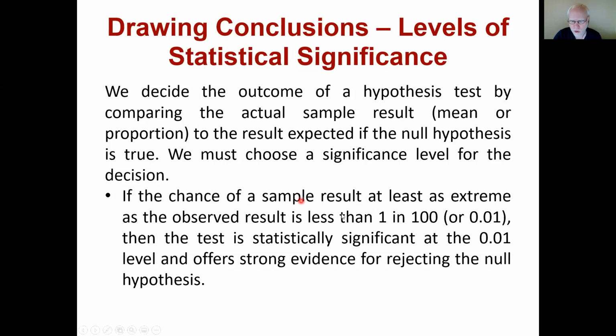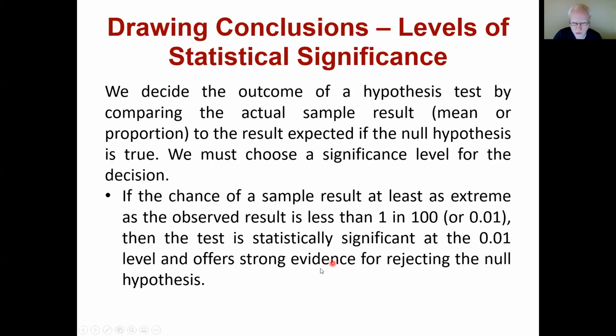Then if that 64 girls is so unlikely that you'd only get it 1 in 100 times, we would say it's statistically significant at the 0.01 level, meaning that only 1 in 100 times would you get that sample proportion if the true population proportion is 0.5.